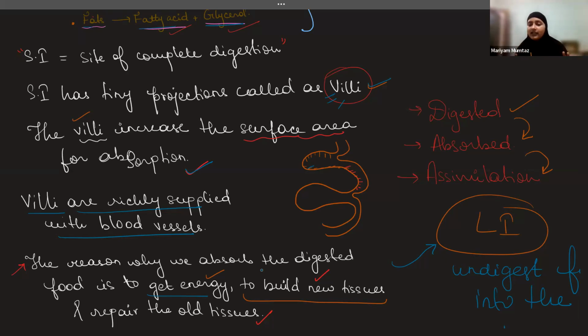Because ultimately, whatever energy or substances we have to absorb from the digested food has to reach the blood only. So as soon as digestion is done in the small intestine, it gets absorbed by the villi then and there. Clear?